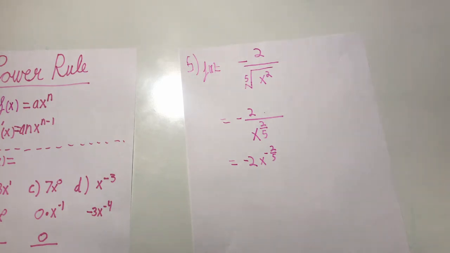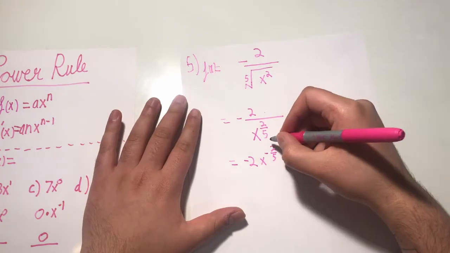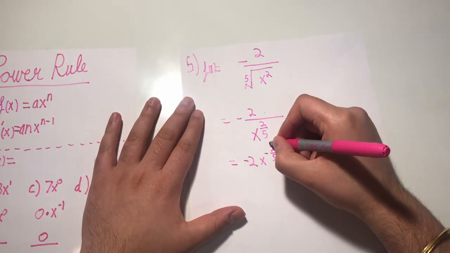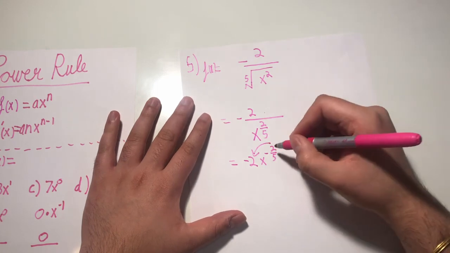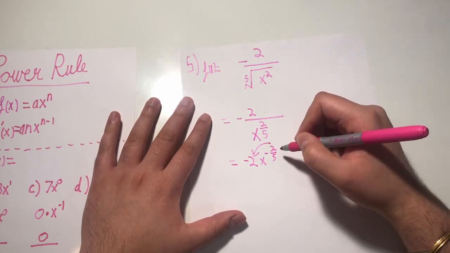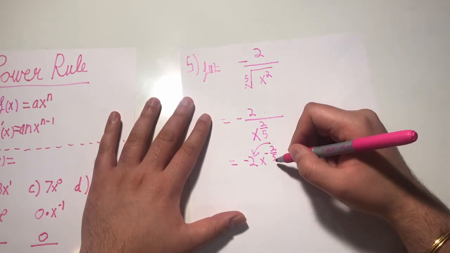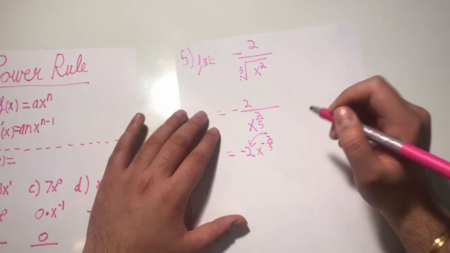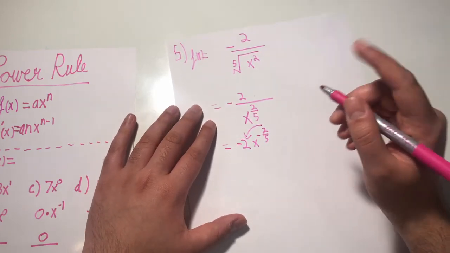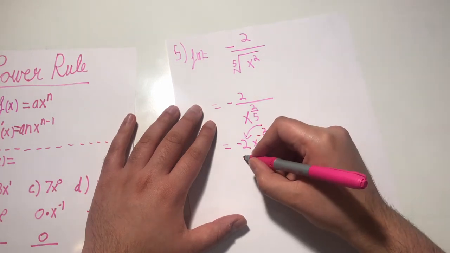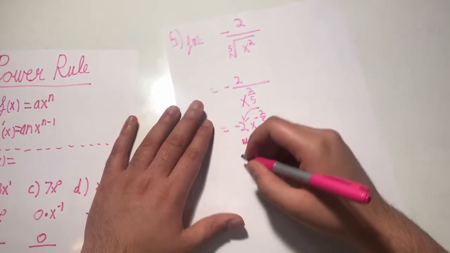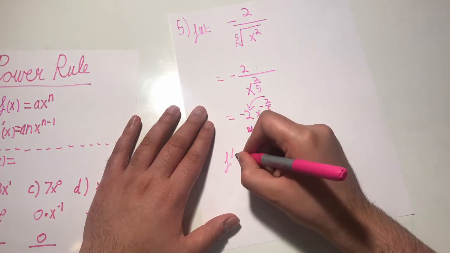Okay, so what do we do? We bring our current exponent down, as per the power rule. Negative 2 times negative 2 over 5 is going to be positive 4 over 5. I'll just write this, f prime of x.